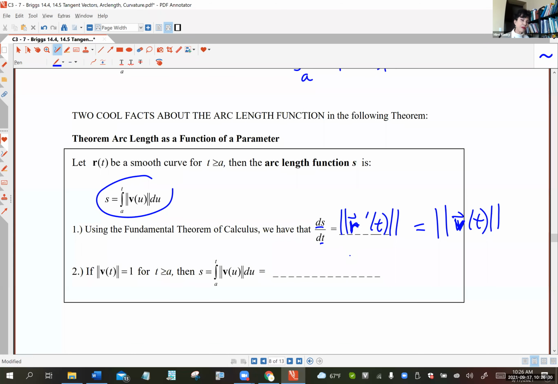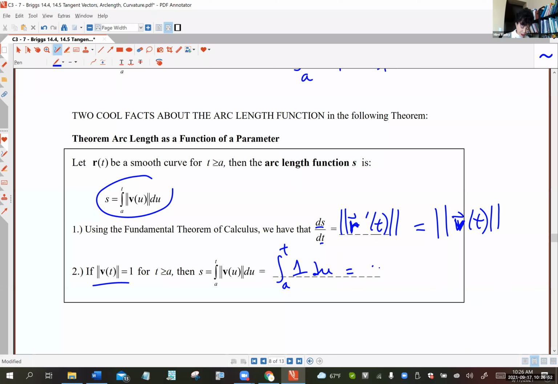And here's something even more cool. Suppose, and this is a very special case, your speed is a constant, and it happens to be 1. Well, then it makes this integral super easy to integrate, because then you're really just integrating 1 with respect to u.